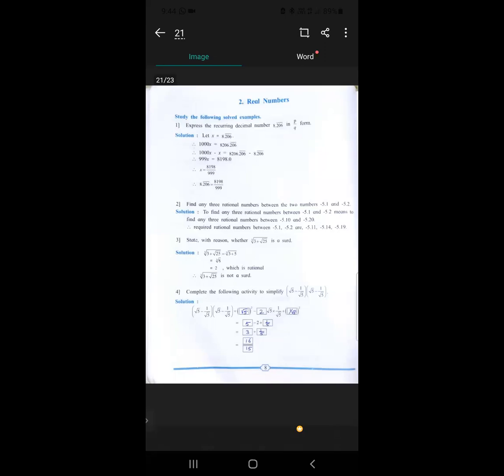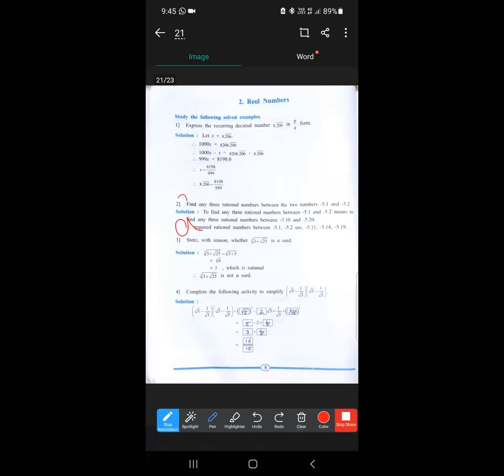So solution: (root 5 minus 1 upon root 5) into (root 5 minus 1 upon root 5). This is the same as (a minus b) and (a minus b). So it is a square minus 2ab plus b square. This formula you need to apply.